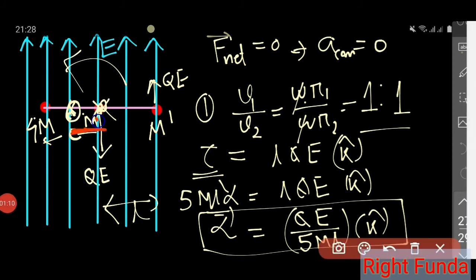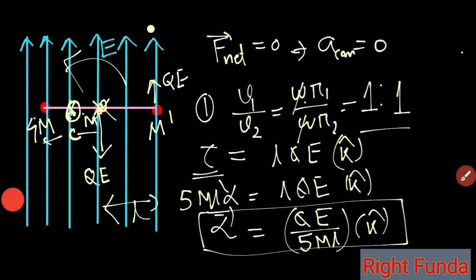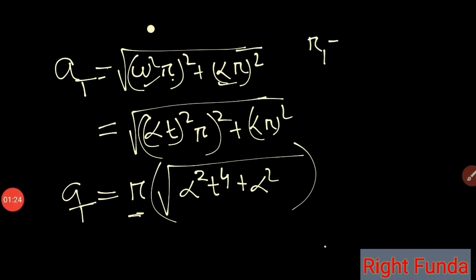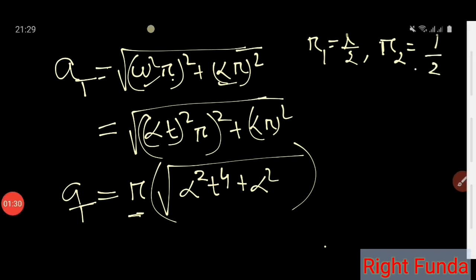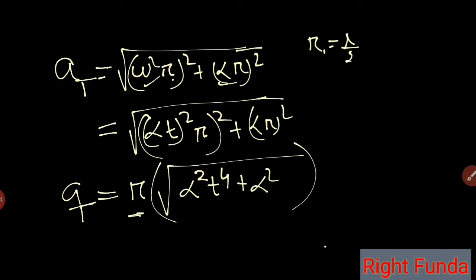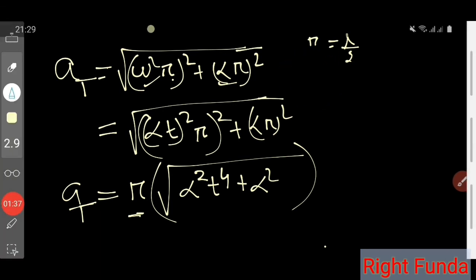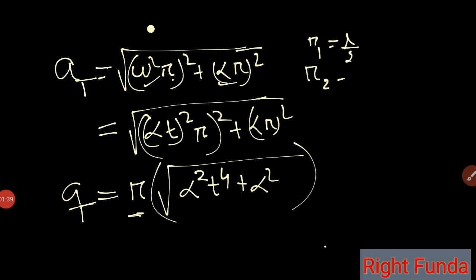This one is rotating with L by 2, and this one will be rotating with L by 2 plus L, that is 3L by 2. So the radius of the negative charge is L by 2, and R2 is equal to 3L by 2.